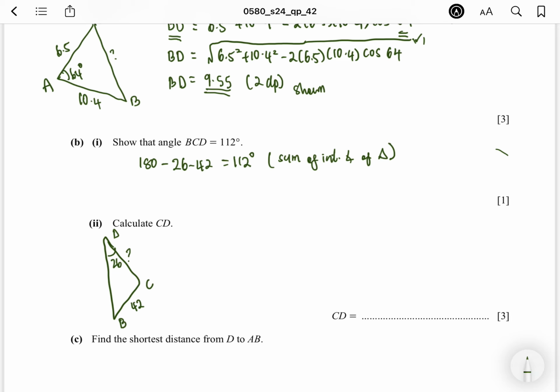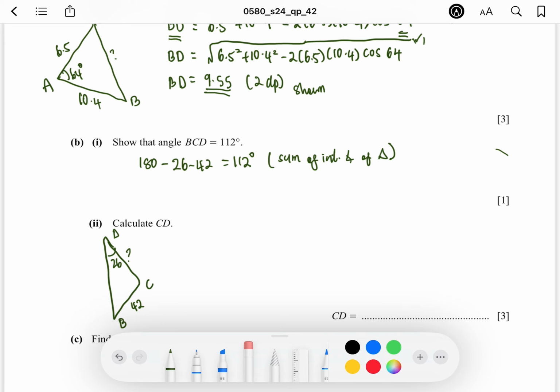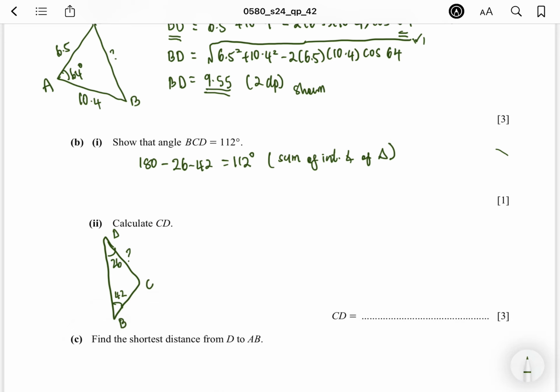How do we decide? There are 2 angles, 26 and 42, and a side is being sought, so automatically we know to use the sine rule.